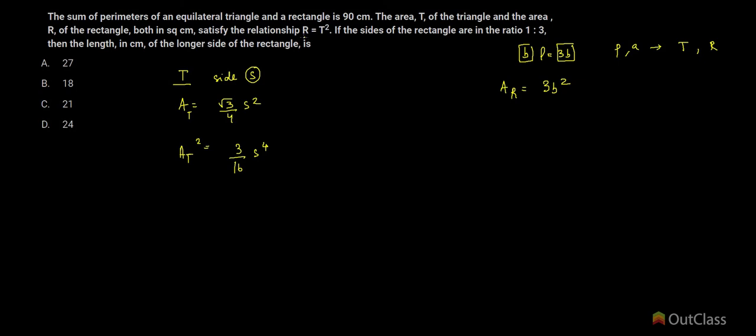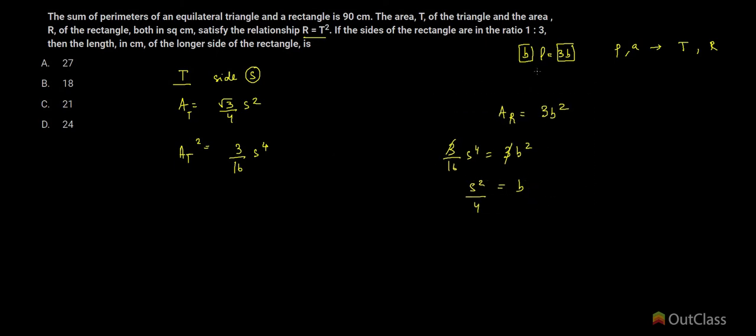They are saying the area of the rectangle is equal to the square of the area of the triangle. So 3S⁴/16 is equal to 3B square. I'm going to write it separately. 3/16 S⁴ is equal to 3B square. Cut the 3's, take root. You have B is equal to S²/4.